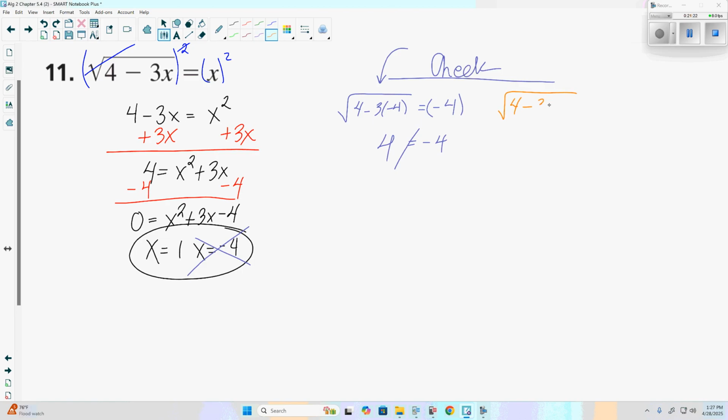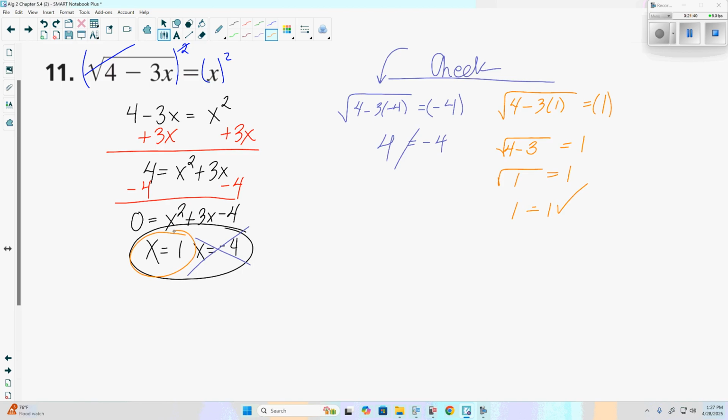We try with 1. The square root of 4 minus 3 times 1 equals 1. Well, we can do this one by hand. -3 times 1 is -3. 4 minus 3 is 1. Square root of 1 is 1.